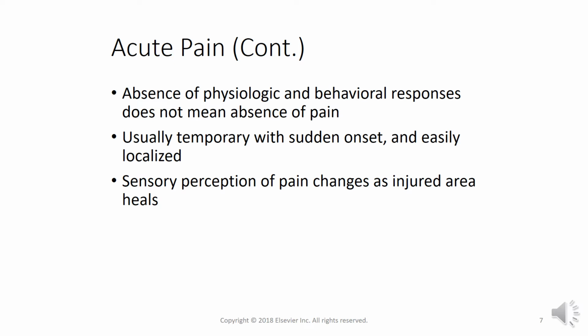So surgery pain is a common acute pain that we as nurses deal with. And poorly managed post-op pain has absolutely no benefit for the patient at all. All right? So we have to control that post-op pain, and it's really important because it allows the patient to heal and it helps in their recovery.